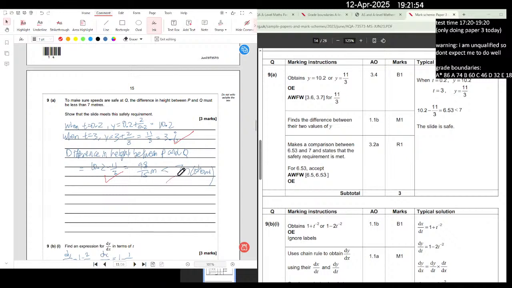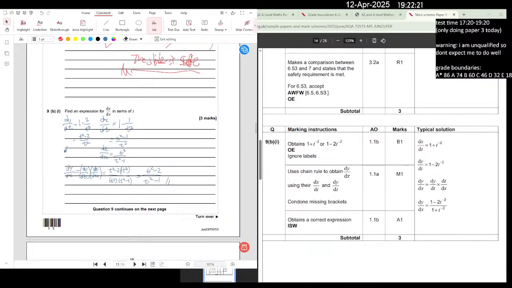Makes a comparison and states that the safety requirement is met. What? States that the safety requirement is met. So I have to write, so the slide is safe. Why was my handwriting so bad there? I need to add the slide is safe. Really? Kind of stupid marking scheme? Okay, whatever.